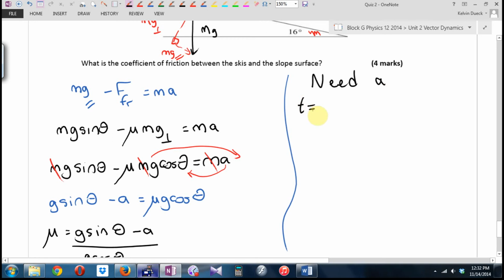How much time elapsed? 8 seconds. Did they tell me VI? 0. Did they tell me VF? 20. Do I have an equation that has T, VI, VF, and A in it?